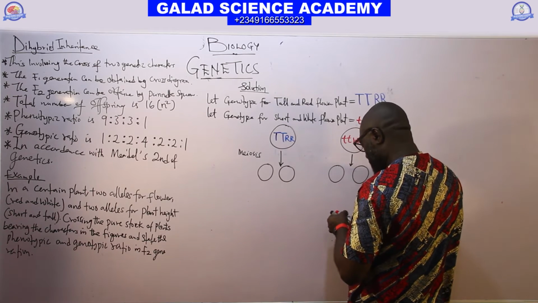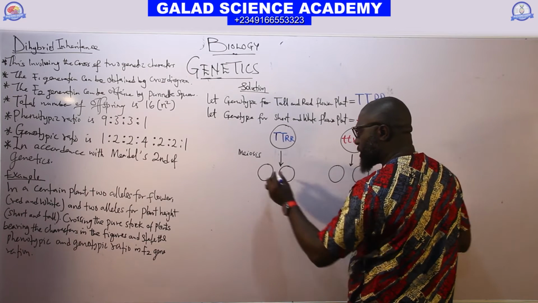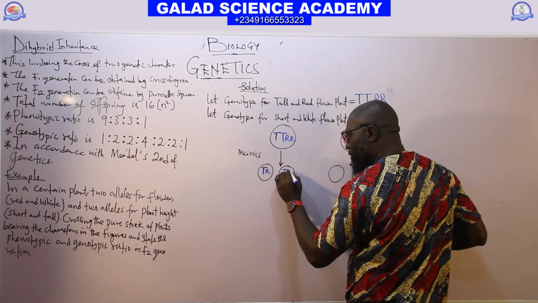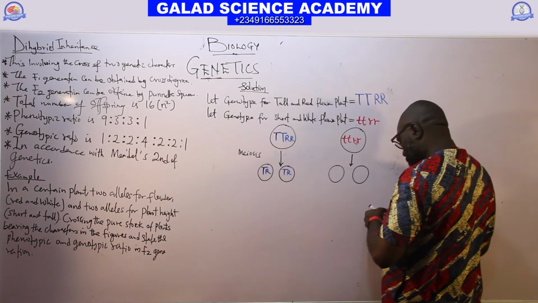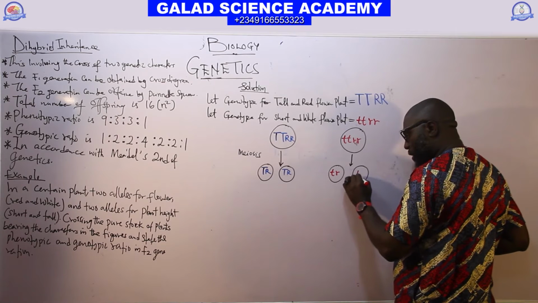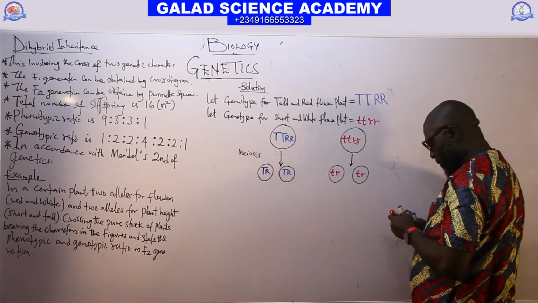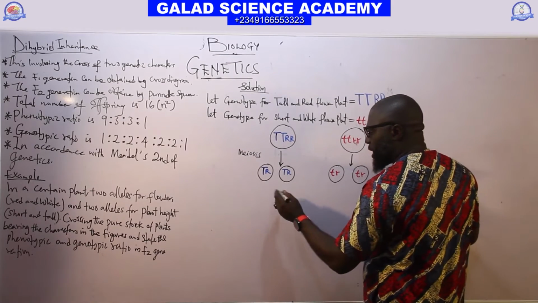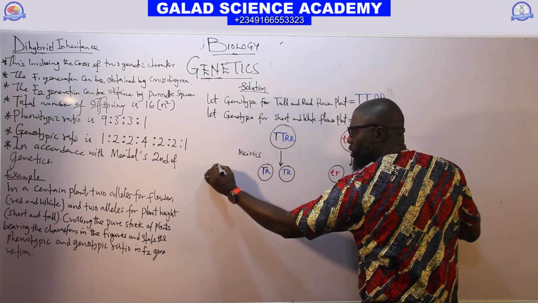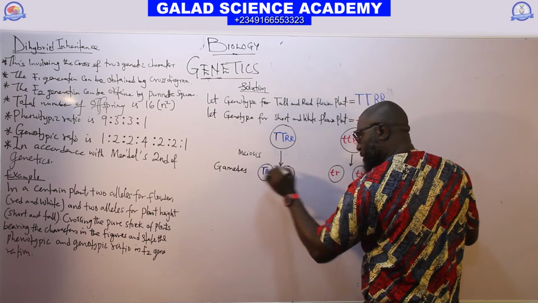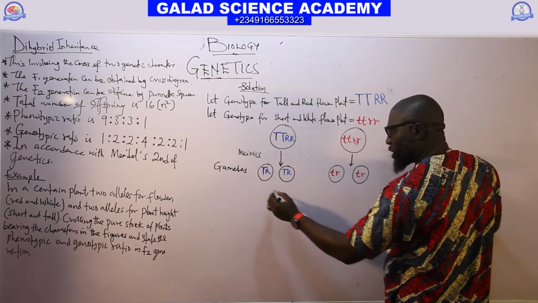And here now we will have TR. Here we have TR, and at this side too we have TR. This is what we call gamete.